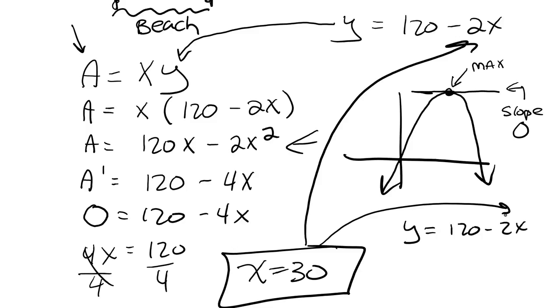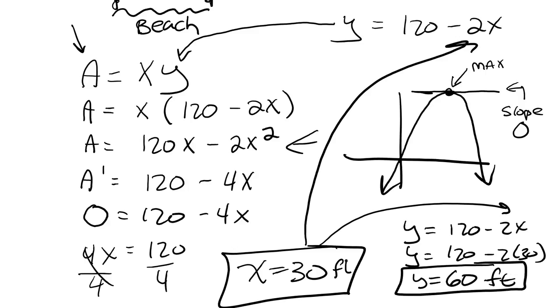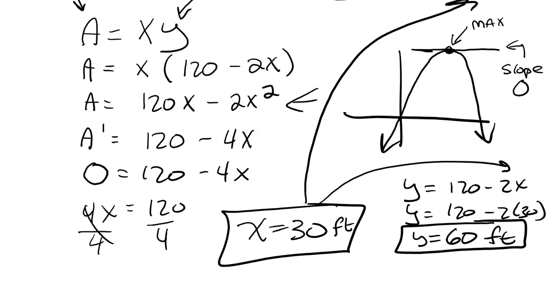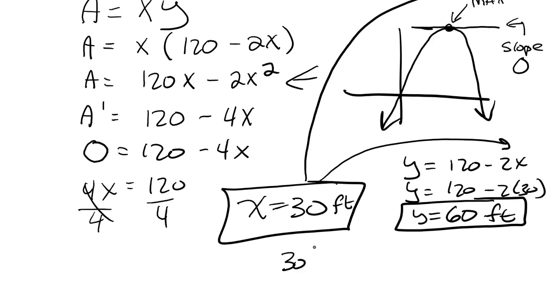So y is 120 minus 2 times 30, or 120 minus 60, which is 60. So the dimensions are 30 feet by 60 feet.